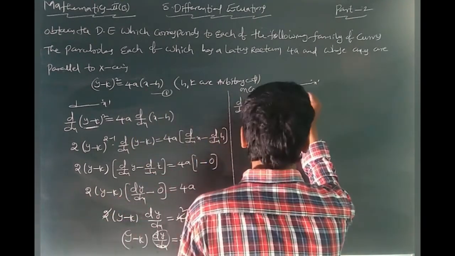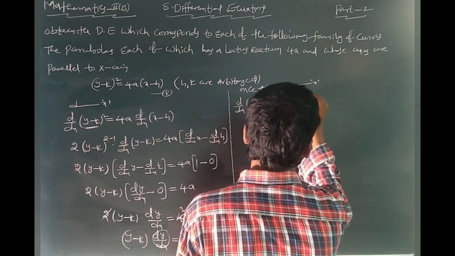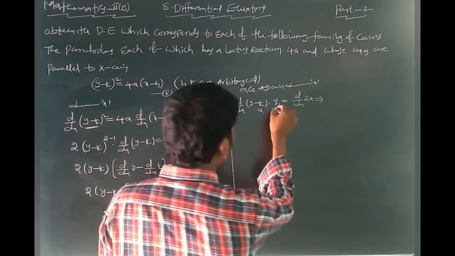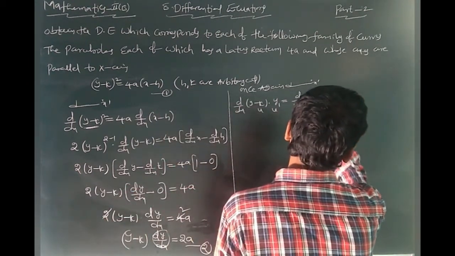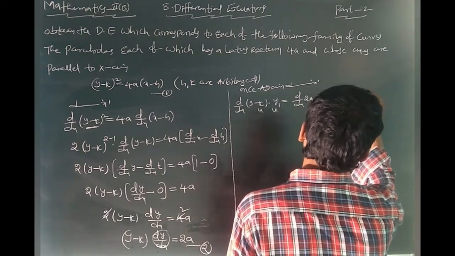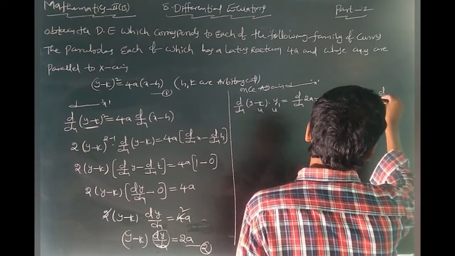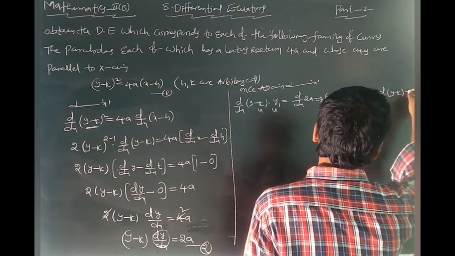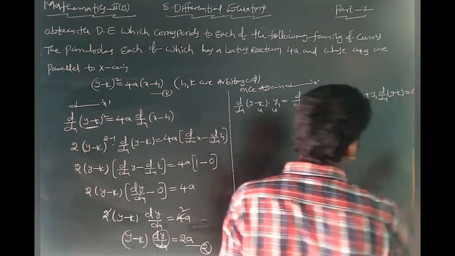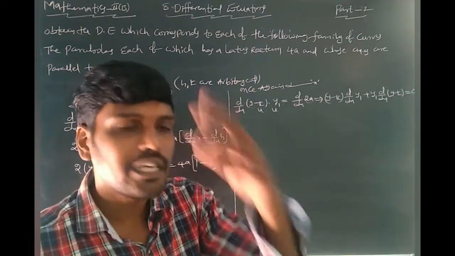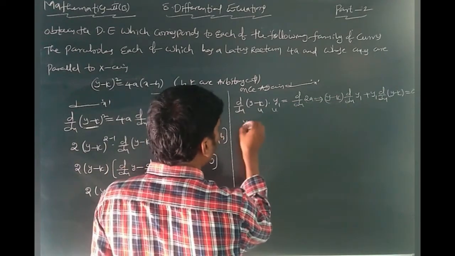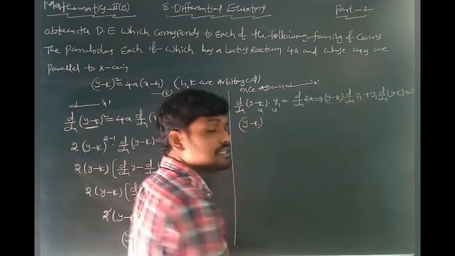That is equal to the derivative of 2a. Here you can use the uv formula: y minus k into the derivative of y1 plus y1 into the derivative of y minus k equals the derivative of 2a, which is a constant, so the derivative is 0. That's why you can write y minus k into y1 is the first derivative.